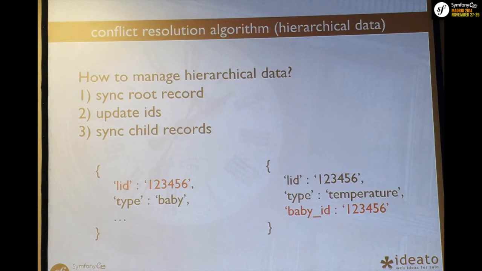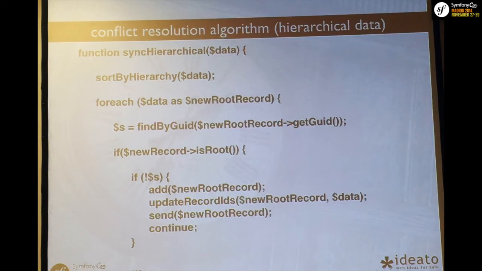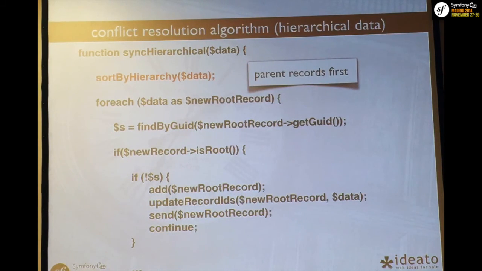Again, there is a snippet of an algorithm. The first operation you need to do is just sort the data coming from the mobile client. In this way, the parent records will be the first ones, and you start processing them.